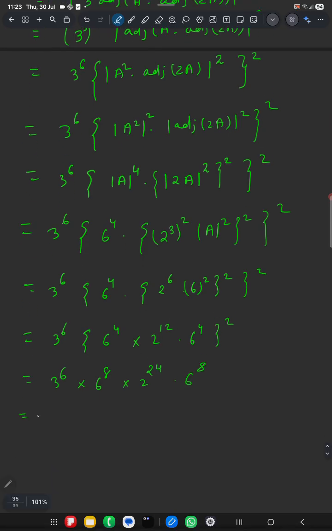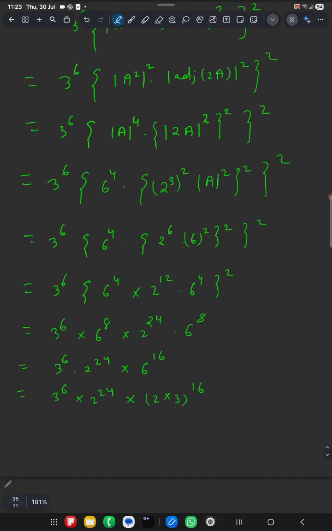In this way you are seeing that 3 power 6 into 2 power 24 and 6 power 8 plus 8 is 16. So 3 power 6 into 2 power 24 into 2 into 3 power 16. So you are getting 2 power 16 plus 24 into 3 power 16 plus 6. So you are getting 2 power 40 and 3 power 22.